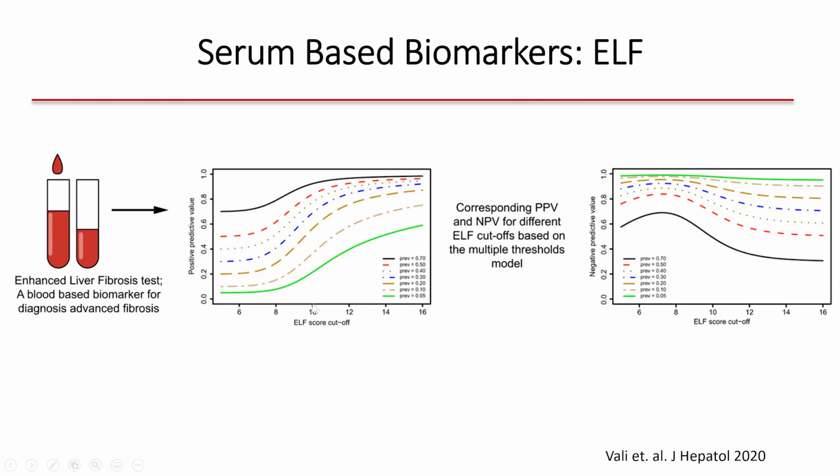If you look at a cutoff of around 10, which is what most of us use in clinical practice, depending on if we're in primary care, which is what the green line would look like, or we're in specialty practice, which will be somewhere up here, it's actually fairly good. Positive predictive value starts to go up to almost 80%. And then the negative predictive value at the same cutoffs is fairly good as well. So ELF seems to be very promising and has now been incorporated into several societal guidelines as a test.